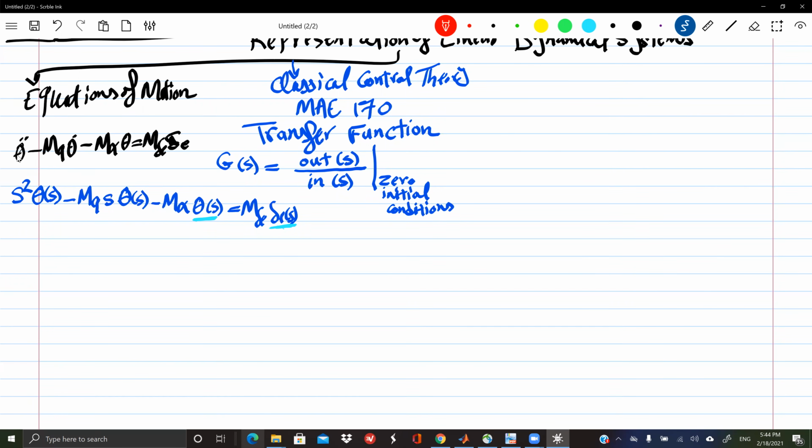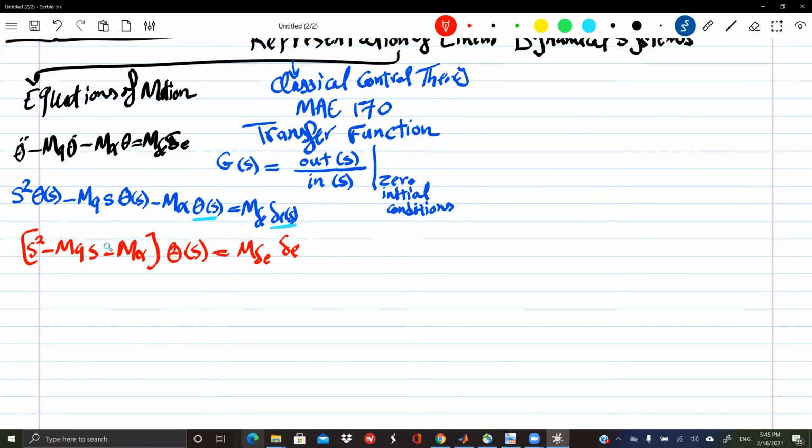There are no dots here anymore. The theta double dot, theta dot, theta, which were three different animals, are now all the same thing. So I can add them together. Now I can take theta as a common factor and have S squared minus M_q S minus M_alpha, all multiplying the same thing. Whereas before they were three different animals. Questions?